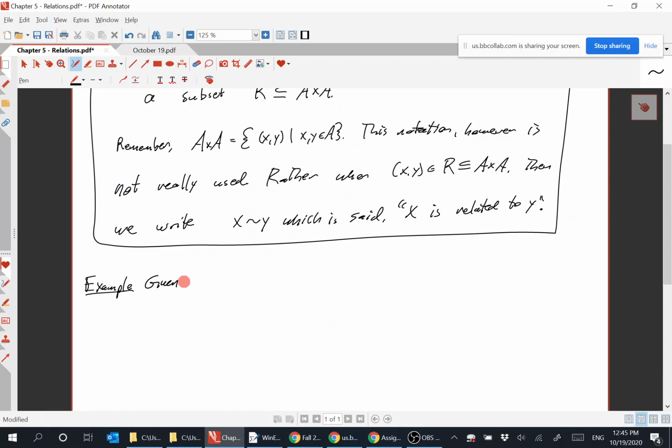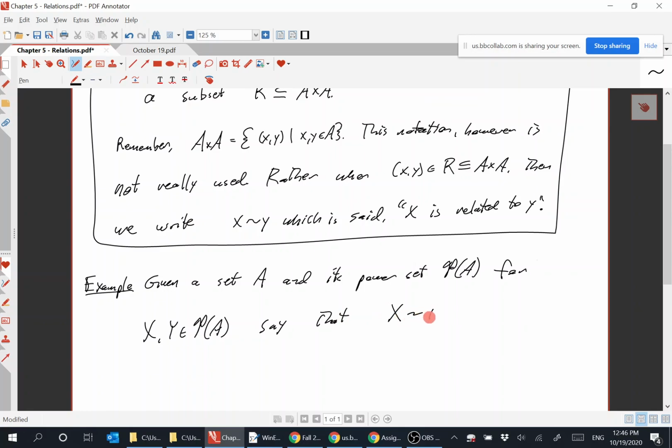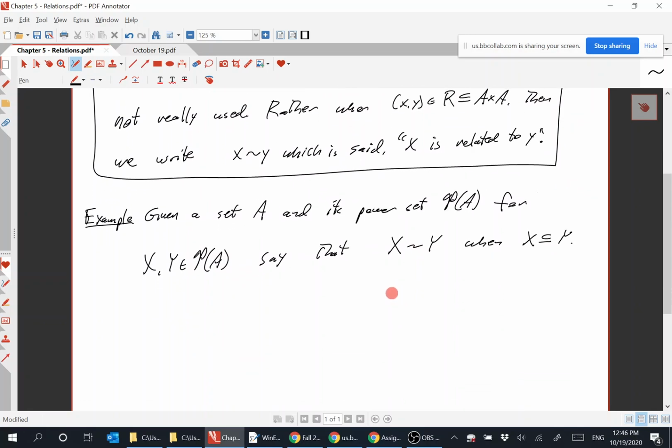Given a set A and its power set, P(A), define: for x and y elements of the power set of A, in other words, subsets of A, say that x is related to y when x is a subset of y. In this case, we don't use the twiddle, we use subset.